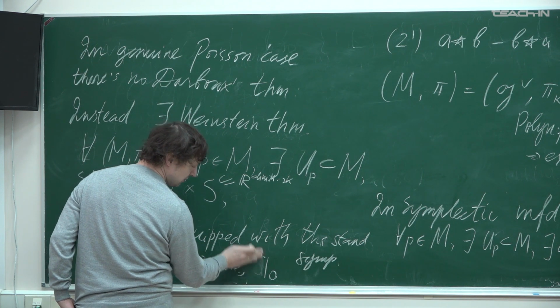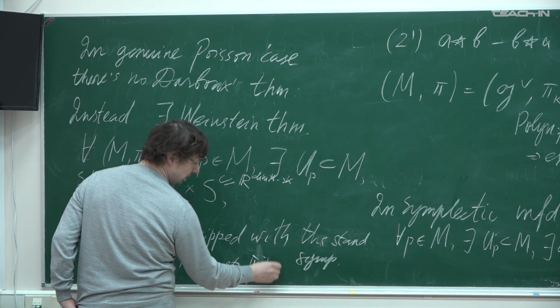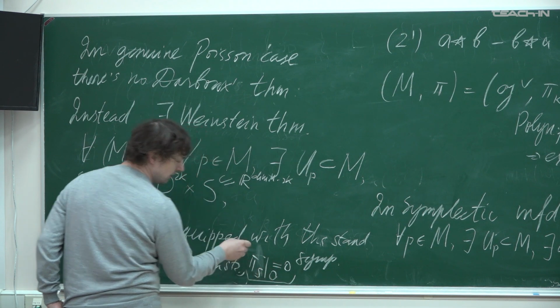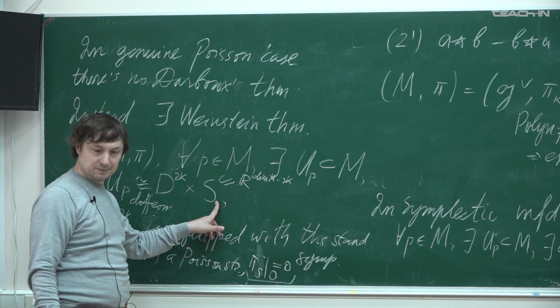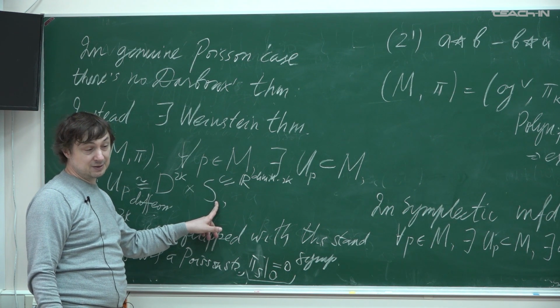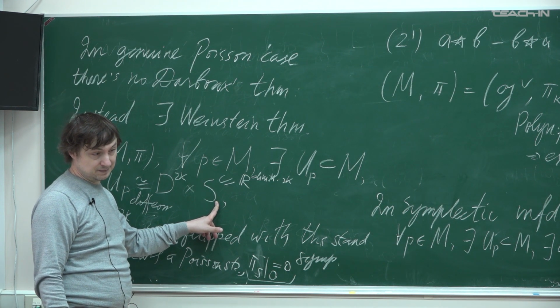So the Poisson structure on S restricted to the origin is equal to 0. The Poisson structure just vanishes at 0. And we know nothing else about this Poisson structure on S.